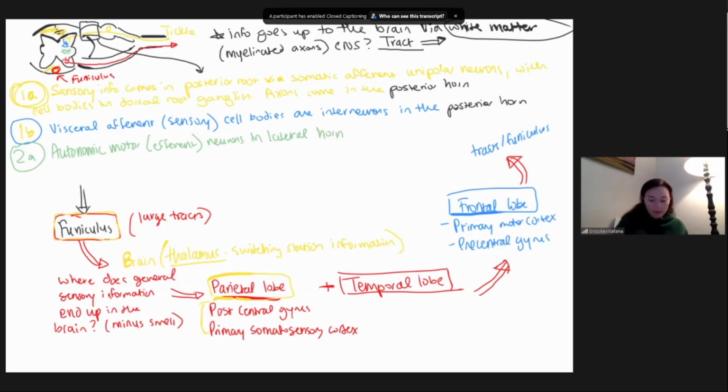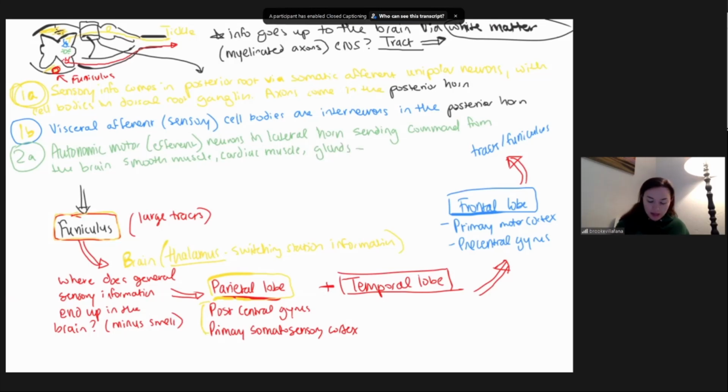And they would be sending a command coming from the brain. What are the destinations of autonomic? It's smooth muscle, cardiac muscle, and glands.